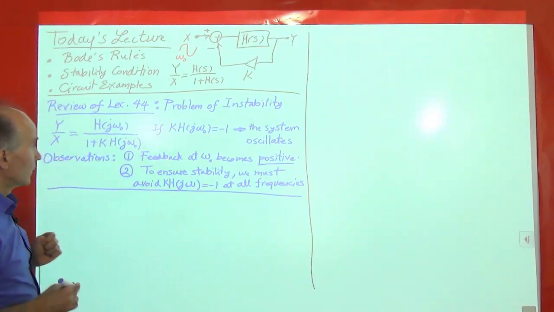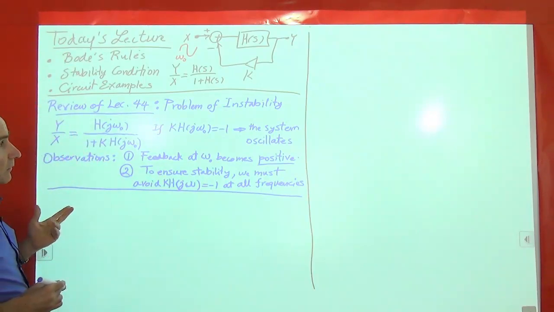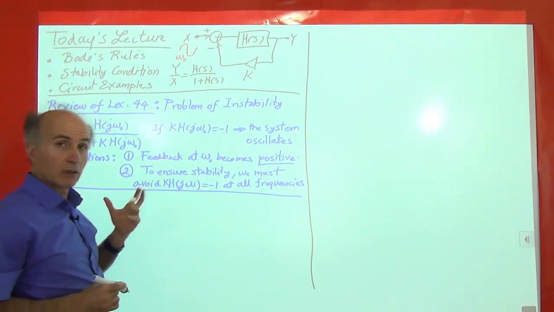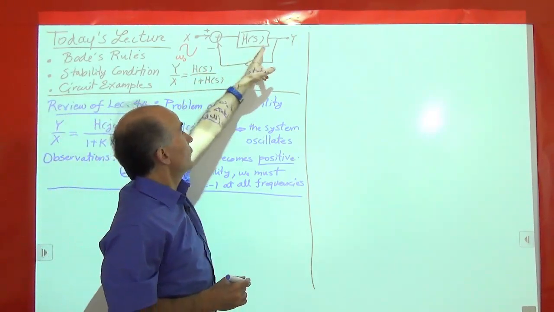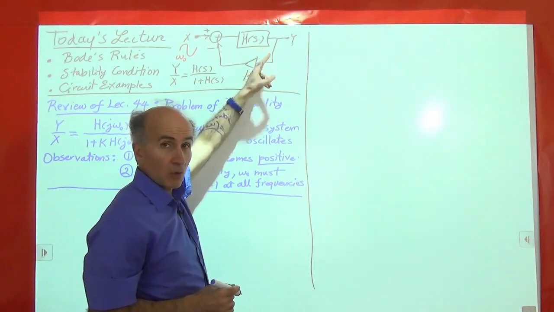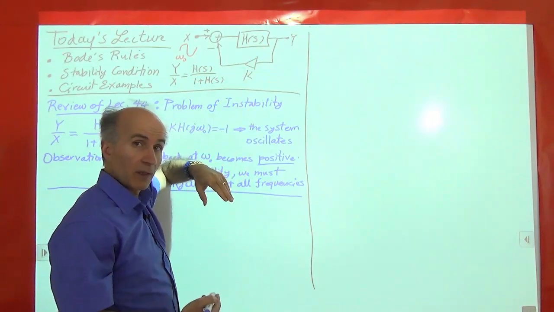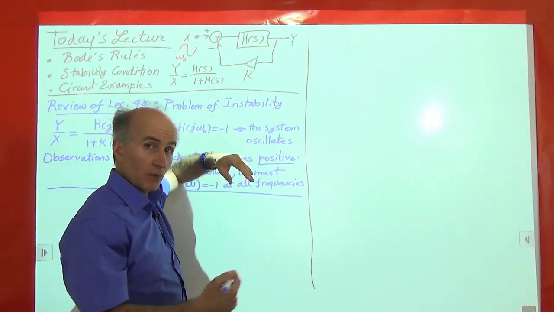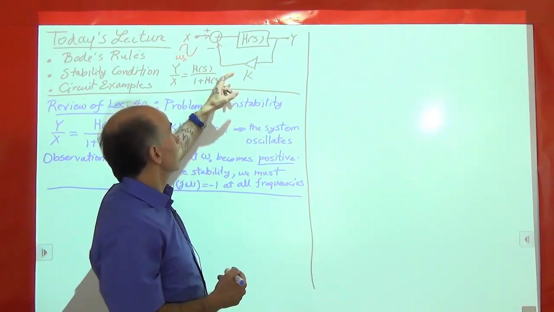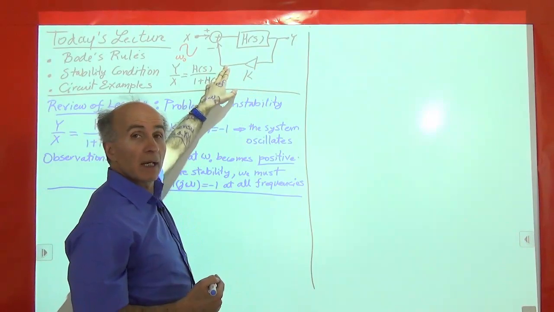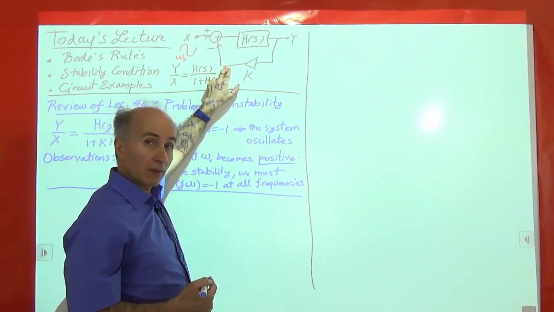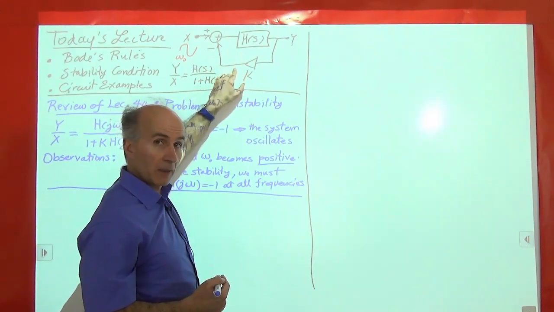Okay. So, the critical conclusion that we drew last time was that what really happens is this H of S has so much delay associated with it, so much phase shift associated with it, that the signal that goes around the loop is actually inverted as we start from here and we end up here.